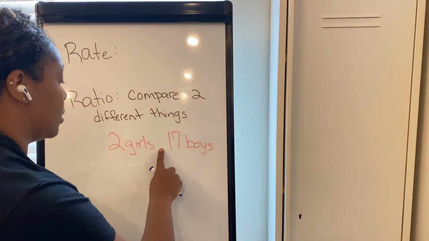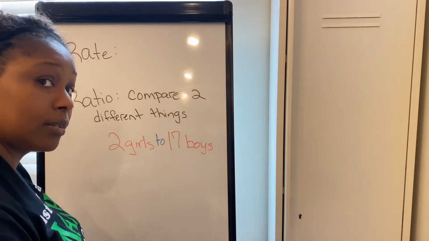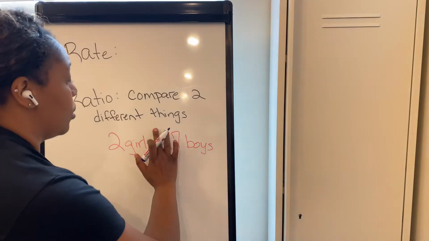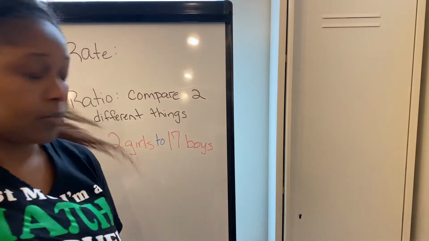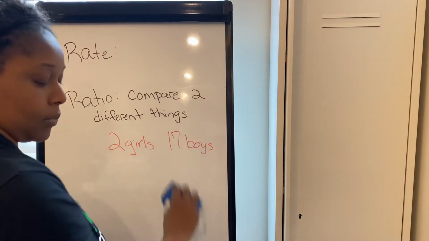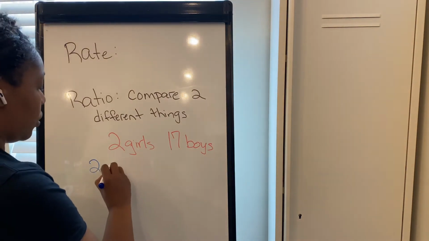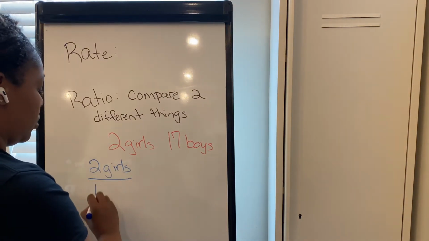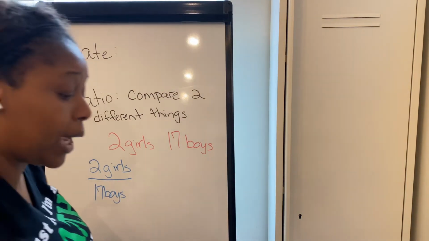Or we can write the word "to", remember? Or, I'll use my eraser. You write it as a fraction. So you would have 2 girls over 17 boys. Okay? So that's 3 ways.